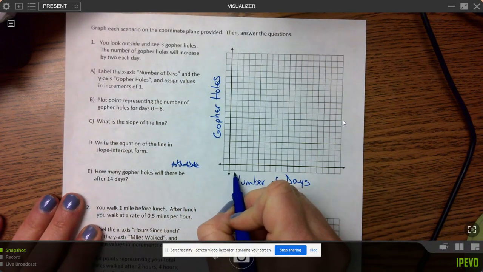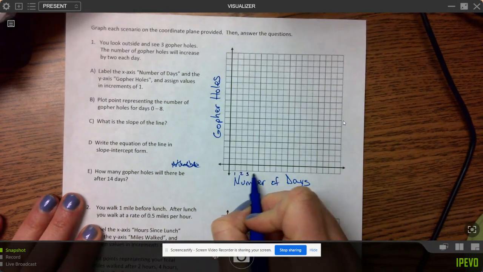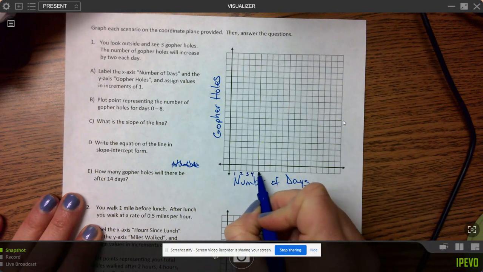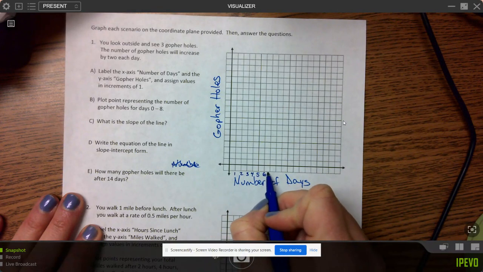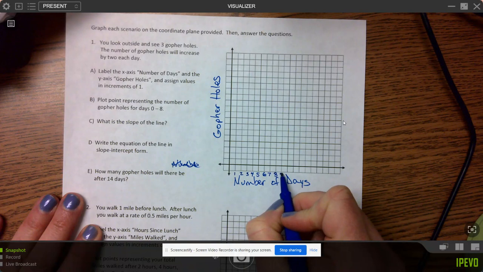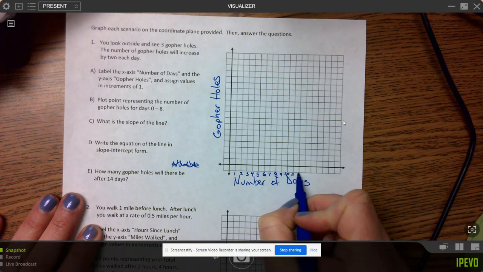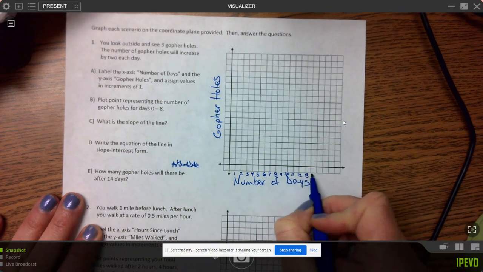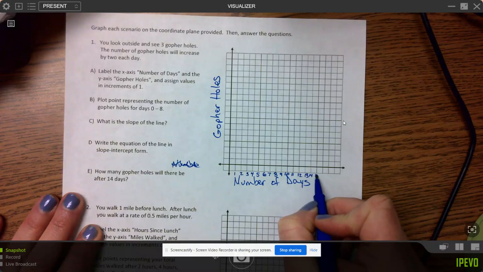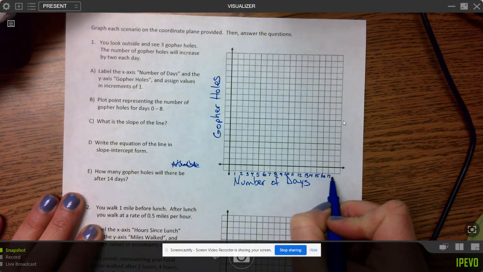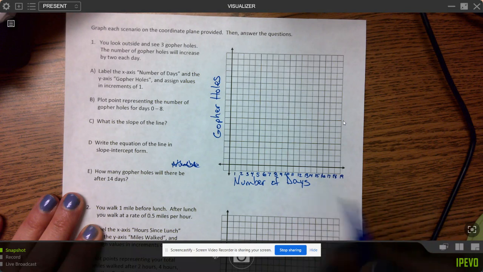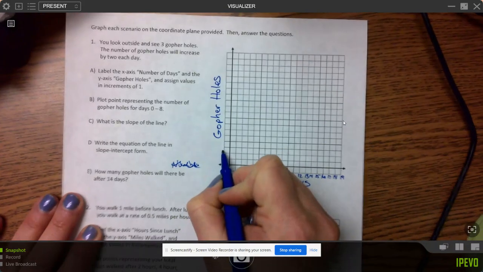So this would be 1, 2, 3, 4. So that's always the first thing, is knowing what your graph is. And then doing the same going up.